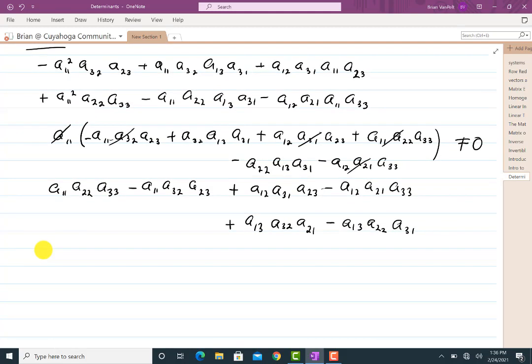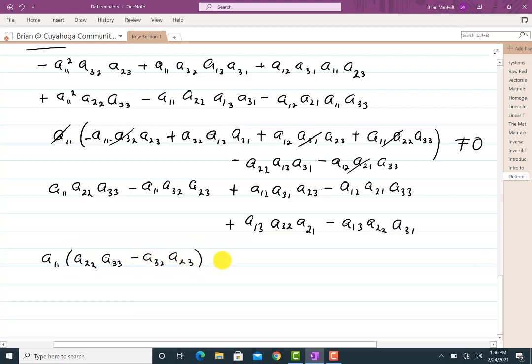All right, what I'm going to do then is I'm going to factor out the A11. Then I'm going to factor out the A12.